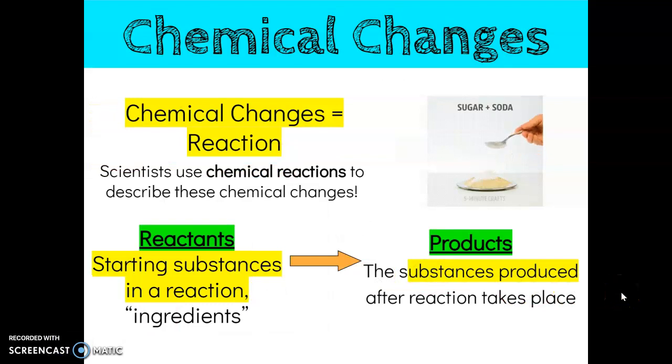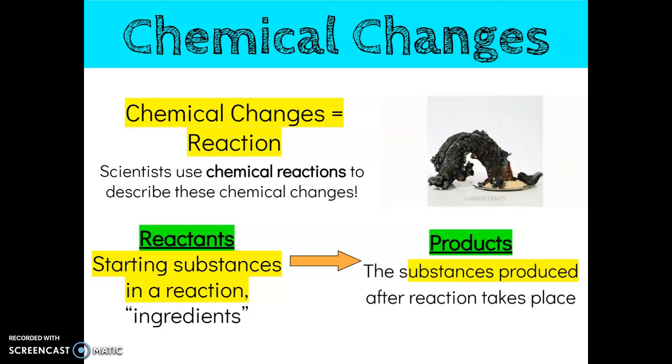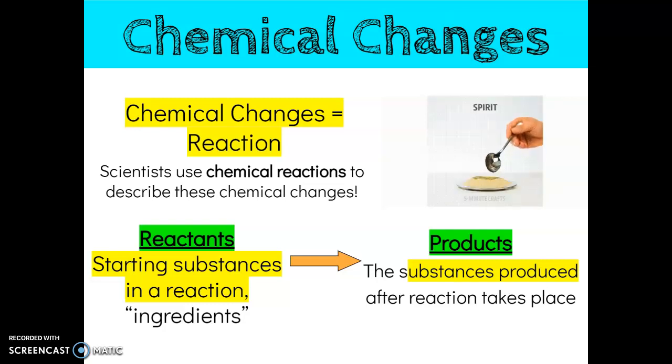So scientists use chemical reactions to describe the chemical changes, and we have to be able to define the parts of a chemical reaction. So on the left-hand side of these reactions, we're going to have the reactants. So this is the starting substance, also known as the ingredient. So it's basically what goes into the reaction.